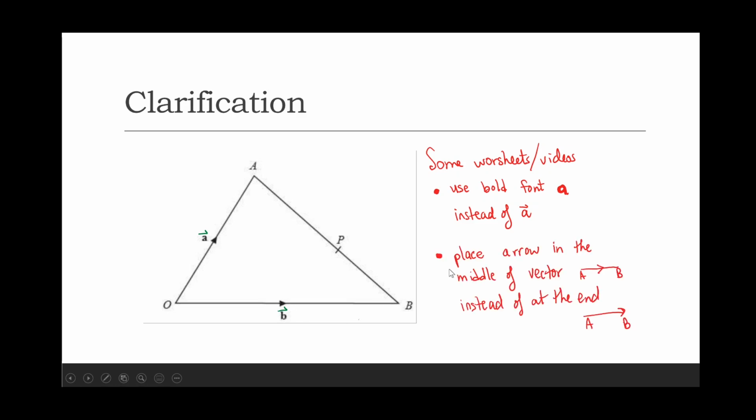And the second thing that sometimes they do is place an arrow in the middle of the vector, AB, and then this arrow is in the middle to show the direction of the vector, instead of putting the arrow at the end to indicate the length of it. So I would prefer that you fix that up so that the arrows go right to the end, like this vector OA, all the way.